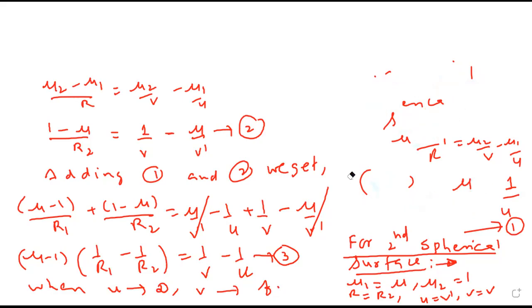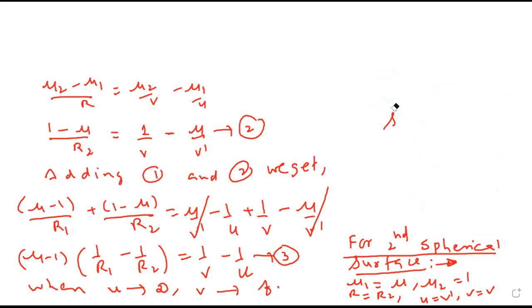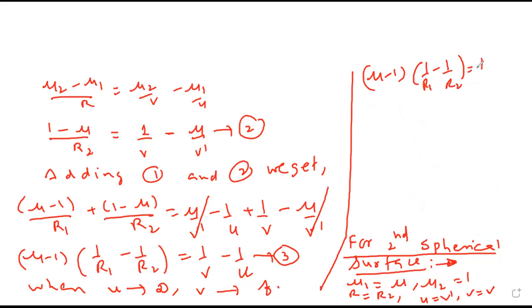So from this you can say mu minus 1 into 1 upon R1 minus 1 upon R2 is 1 upon f minus 1 upon infinity. 1 upon infinity means 0.